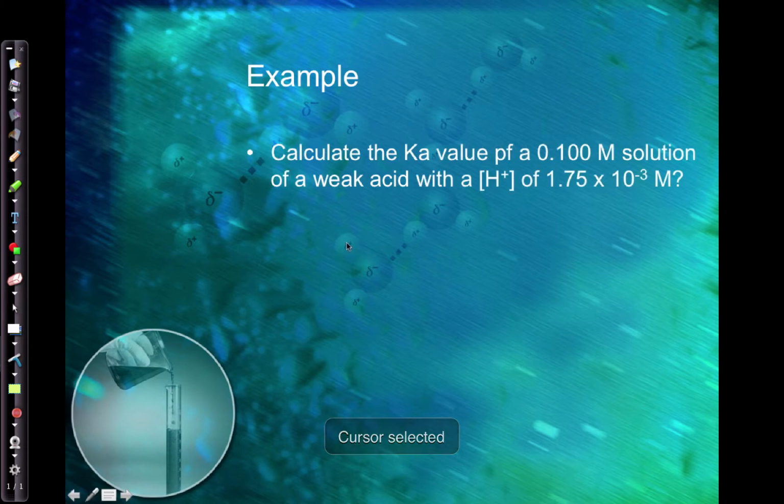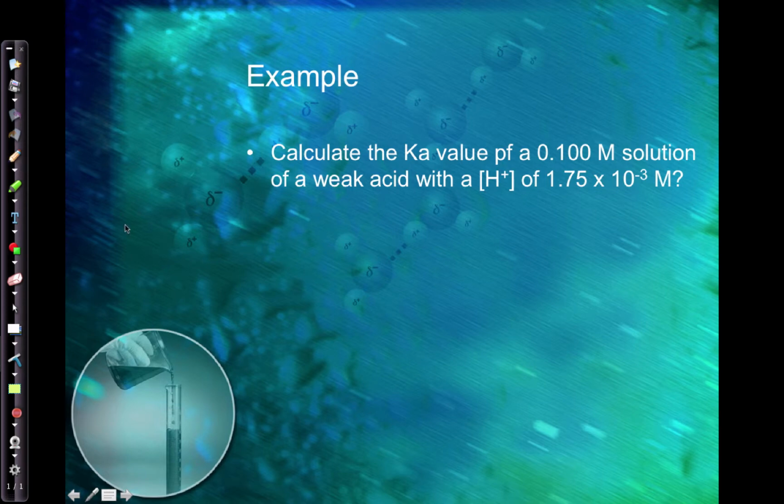All right, calculate the Ka value of a 0.1 molar solution of a weak acid with a hydronium concentration of 1.75 times 10 to the negative 3. All right, so with this one, we're looking for Ka. So that means that I need the concentrations of my reactants and my products.